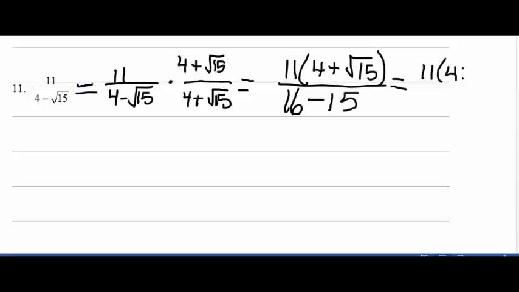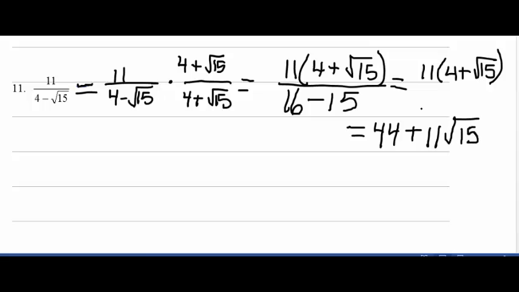So this expression in the numerator over 1 is simply the expression in the numerator. I don't need to actually write the 1. And that's my final answer, unless I want to multiply out. And then if I do, I get 11 times 4 is 44 plus 11 times the square root of 15. So that would be my final answer on that one.